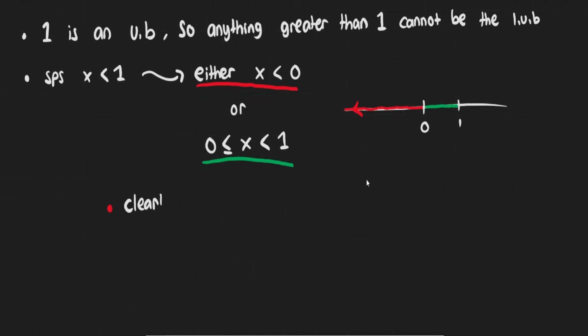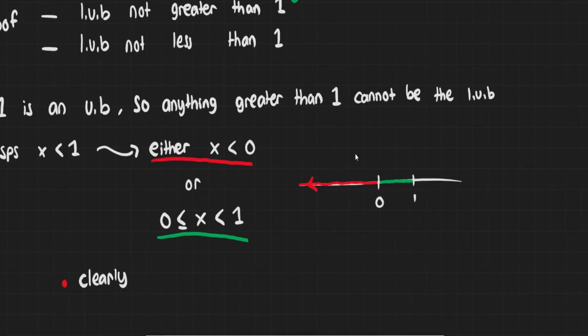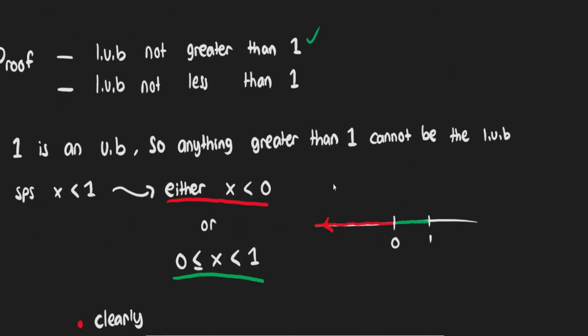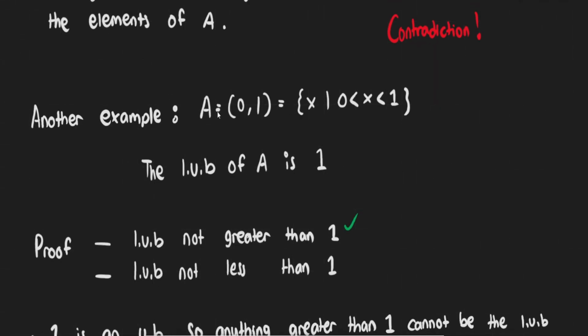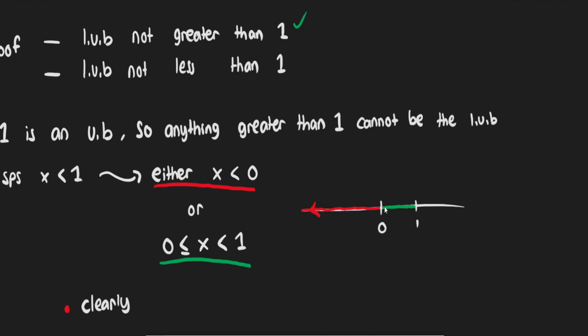Right, so for the red case, clearly, if x is somewhere on the red line, then it's not an upper bound, right? An upper bound has to be greater than everything inside of A. Now, if you think about it, what is A? Well, A is precisely the green line over here, right?